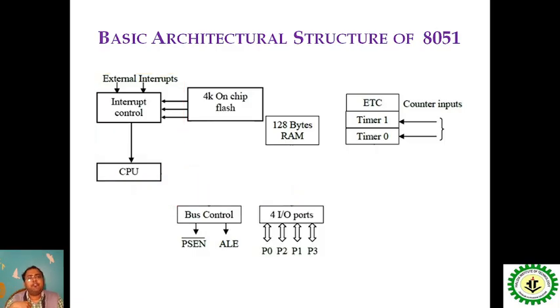After that, it has four input output ports. Okay, and we know that one port has 8 data lines, 8 bits, and these four ports are named port 0, port 1, port 2, and port 3.